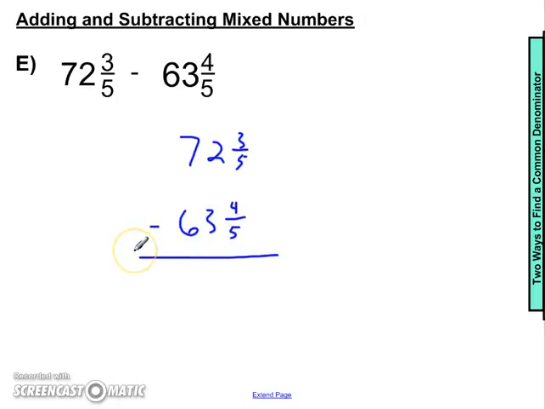Now, here's the deal. 3/5 minus 4/5. In this type of subtraction, you can't do it without borrowing. So I am going to do that. I'm going to go to the 72. I'm borrowing a 1 out of 72 and making it 71, and I am bringing that 1 over here to add it in.